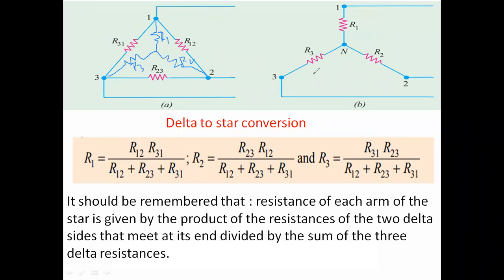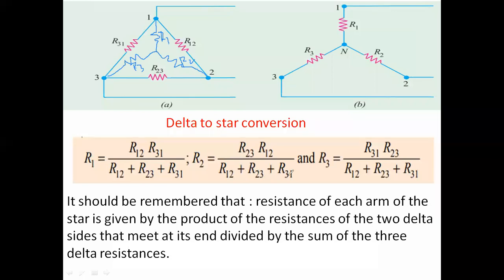Similarly, for finding R2, this R2 resistor is connected between R12 and R23. R2 is obtained as R12 into R23 divided by the total resistance, R12 plus R23 plus R31.